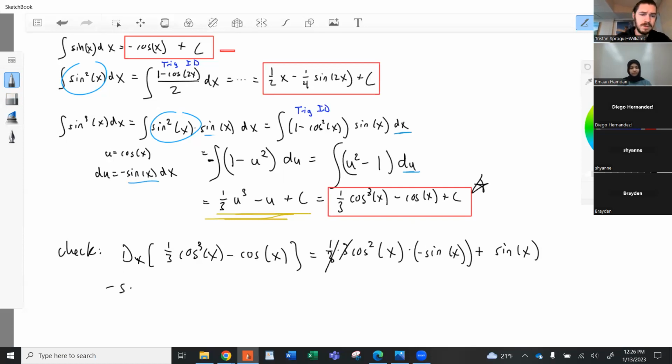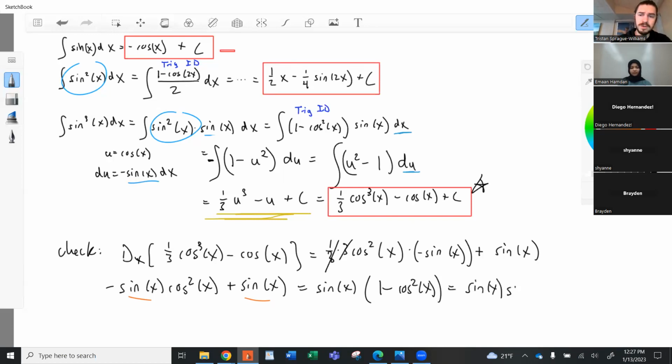Rewriting that, it's like that. Then we can see that there is a sine of x here, here, and here. We can factor that out. What's left is a negative cosine squared plus 1, or in other words, 1 minus cosine squared. And 1 minus cosine squared is equal to sine squared. And we have sine times sine squared, which is sine cubed.